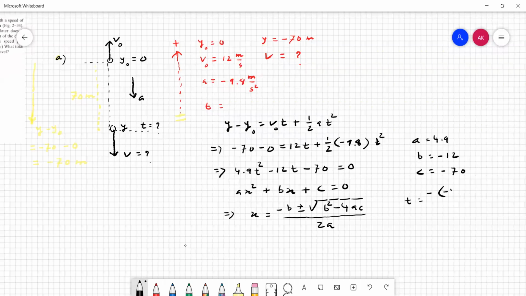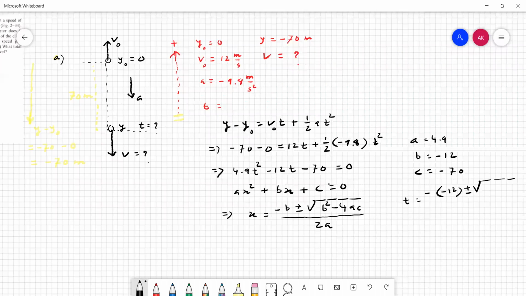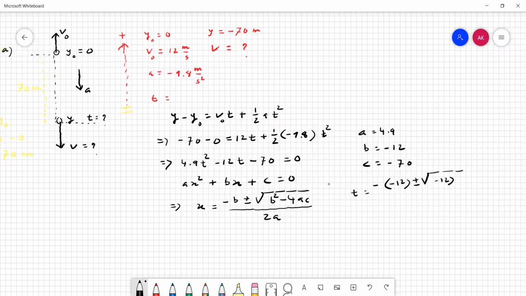It will be minus b, so 12, plus minus the square root of b squared, which is negative 12 squared, minus 4ac, and then you have 2a. If you solve that one, we can get 12 plus minus.